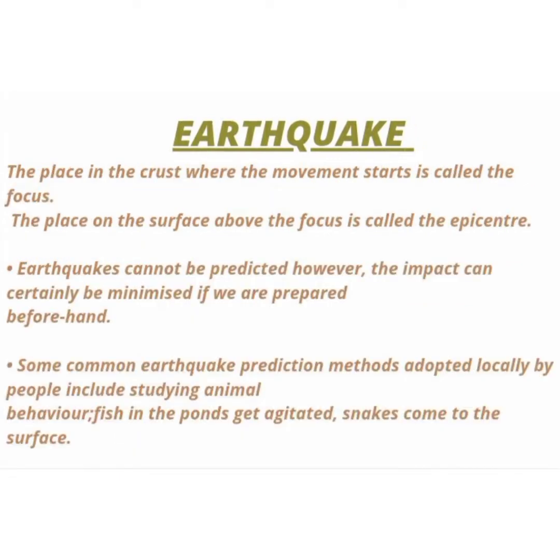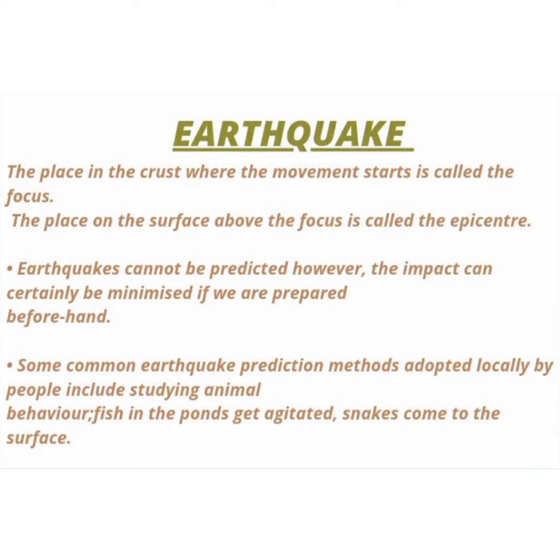The place in the crust where the movement starts is called the focus. And the place on the surface above the focus is called the epicenter. Earthquakes can't be predicted. However, the impact can certainly be minimized if we are prepared beforehand.